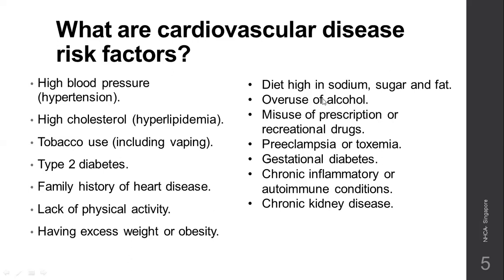Then chronic kidney disease. Always remember, your cardiovascular system, your heart and the vessel system, and your kidneys are like twins. If something wrong happens to any one of them, the other will suffer.